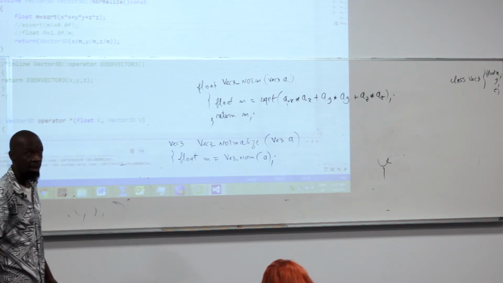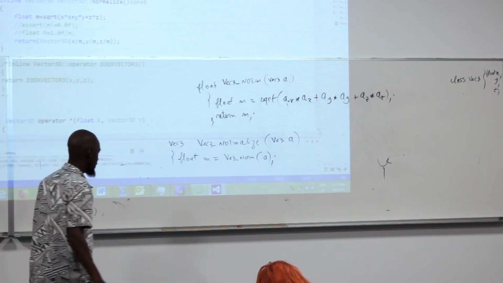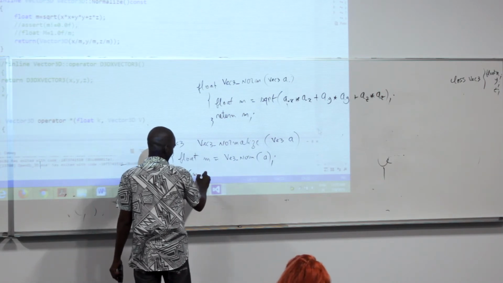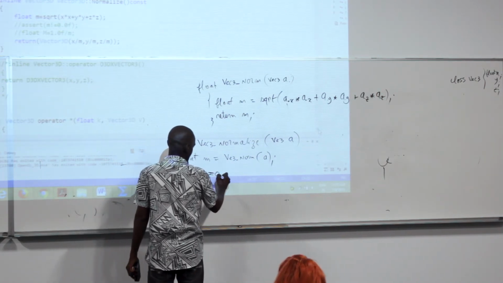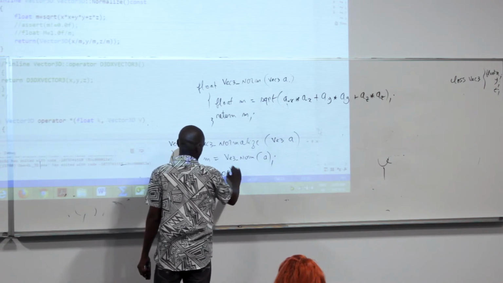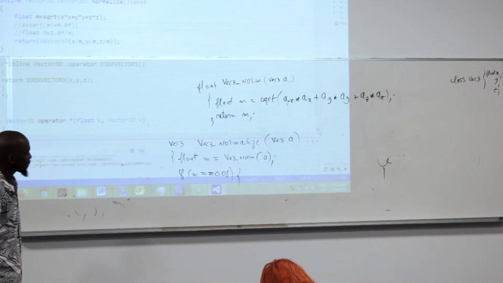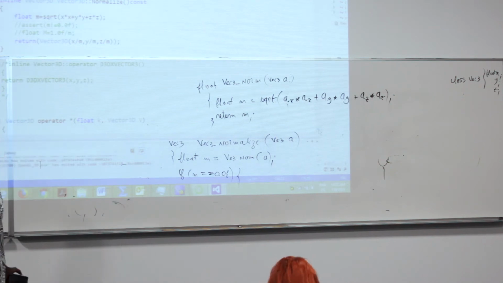Then, to avoid a divide by 0, I check this. If M is equal to 0, in math we don't do math.